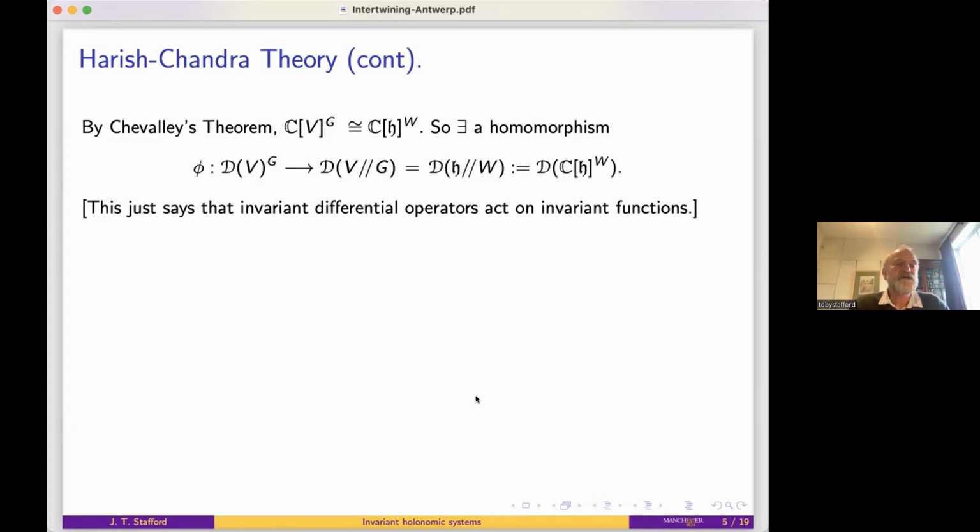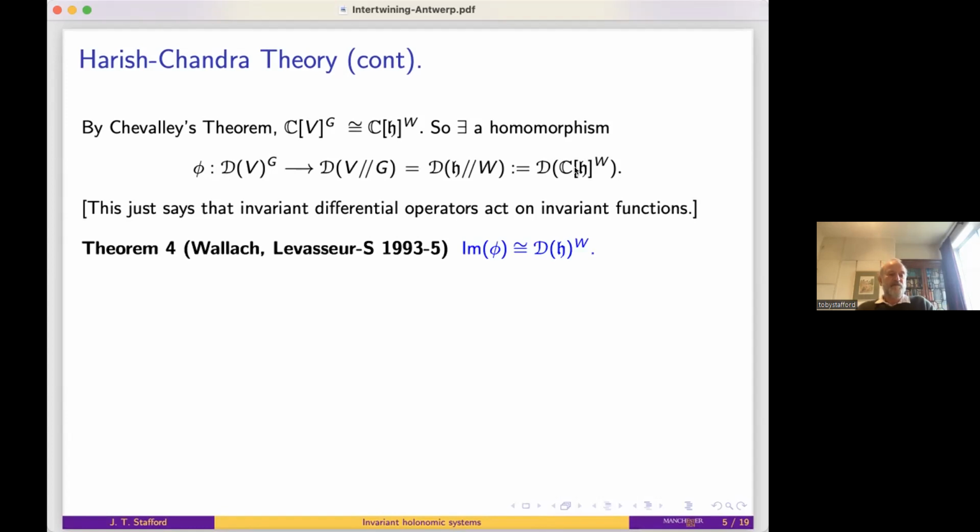So I can view that as giving us a homomorphism, sometimes called quantum Hamiltonian reduction, from invariant differential operators on V to differential operators on the invariants, C of H to the W. All I'm saying here is that if you take an invariant differential operator, then it will actually act on an invariant function.